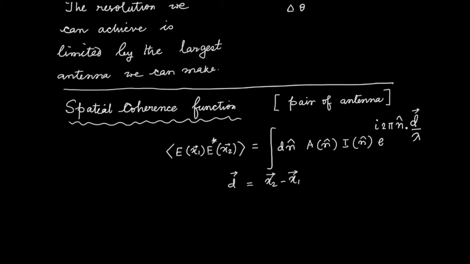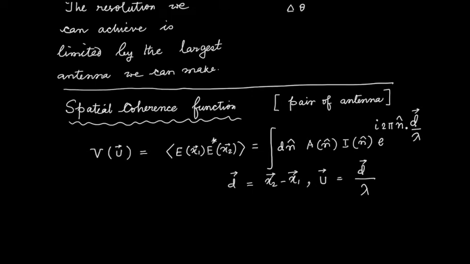And let us define a vector capital U, not small u, which is d in terms of the observing wavelength lambda. Okay. So this entire quantity I can write in terms of that u only. So you see that this is only a function of u.